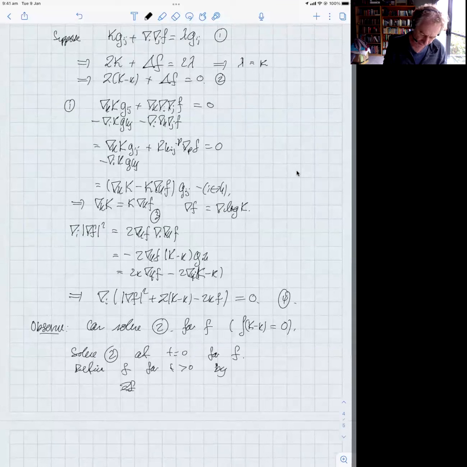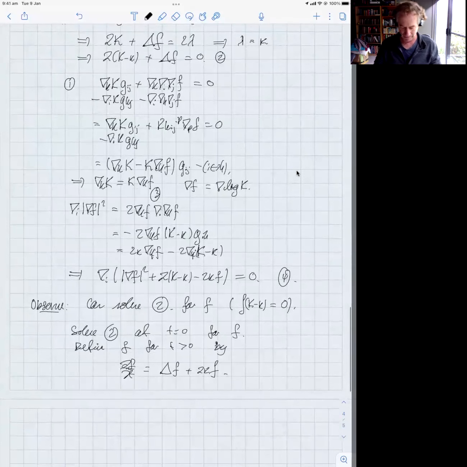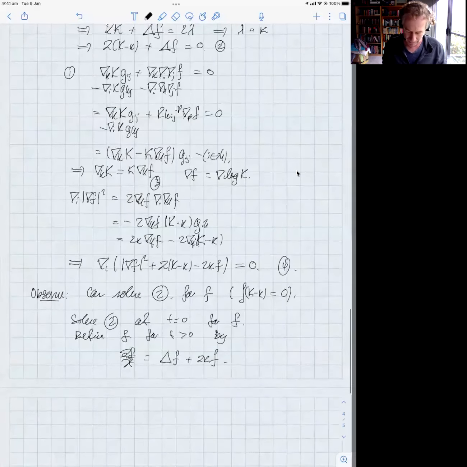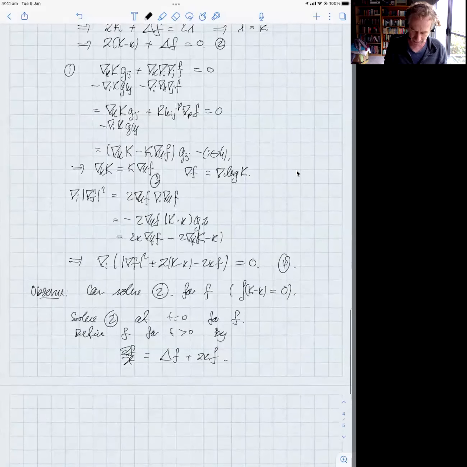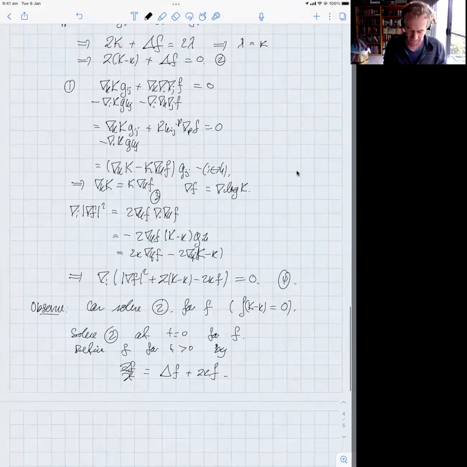So df/dt is going to be Laplace f plus 2 kappa f. So it's essentially just a heat equation. This is the Laplacian with respect to the time varying metric. So it's possibly slightly more complicated than the usual heat equation, but otherwise not too bad. And the kappa is constant here, so this is very simple.